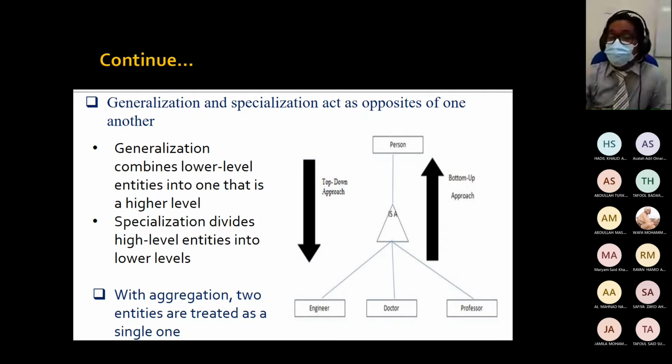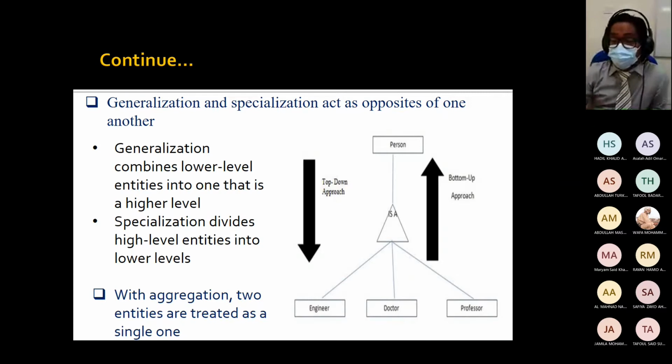But generalization means that we combine this in such a way that there is the top-down approach from the higher level to the lower level, and the bottom-up approach, and also the relationship for that one.